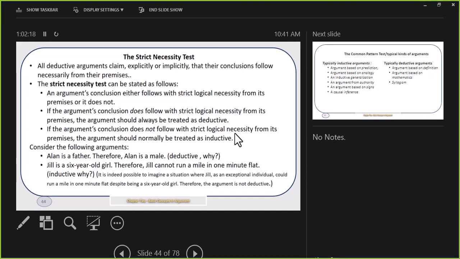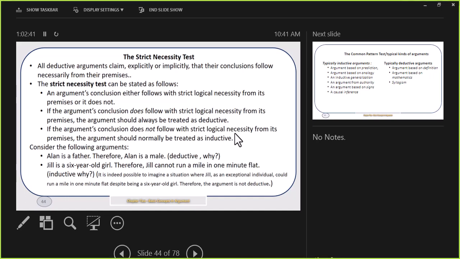It's a deductive argument because we cannot think of any possibility, not even 0.001, that will falsify the conclusion. If the premise is true, then the conclusion must be true. The conclusion is absolutely linked with the premise.